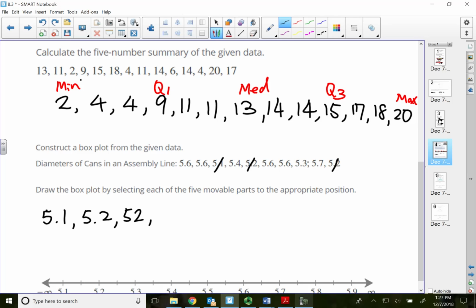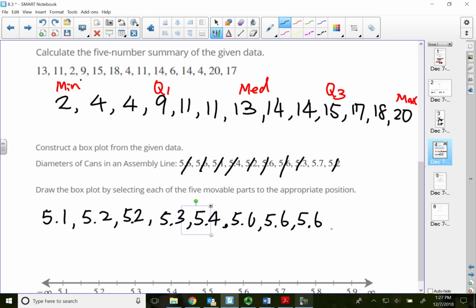All right, 5.3, 1. 5.3, no, 5.4. 5.6, 1, 2, 3, 4. All right, and the 5.7. So 5.7 is my largest. That's my max. And 5.1 is my minimum.